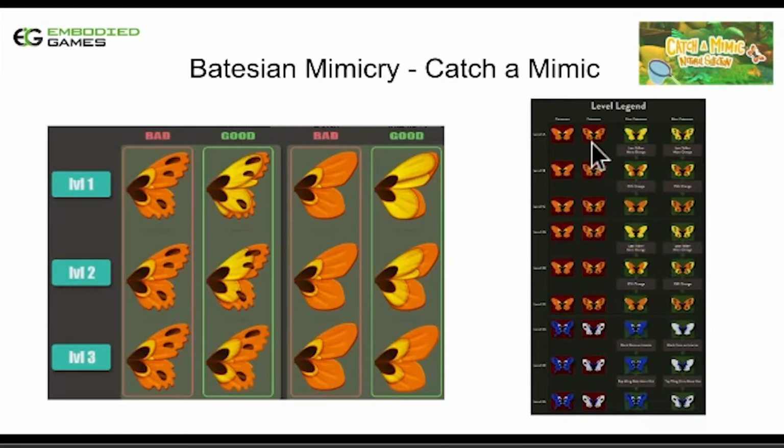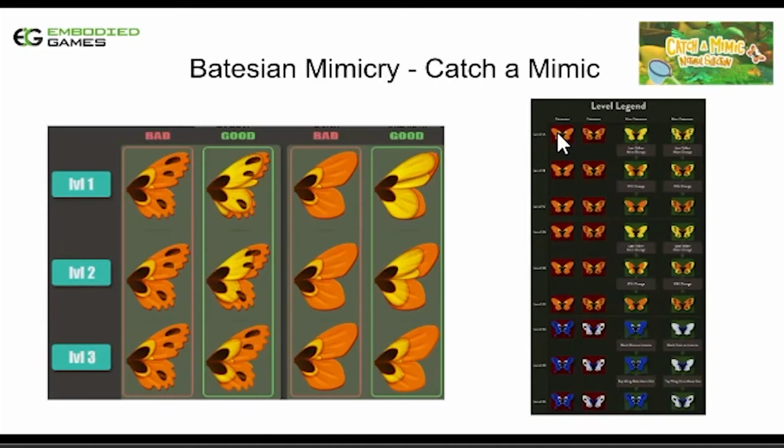And you can see, maybe it's a little hard to see on the right, the differences between the butterflies get less and less distinct. And basically, the player's role in this game is to catch butterflies for birds in your zoo, and you have to catch the correct ones.